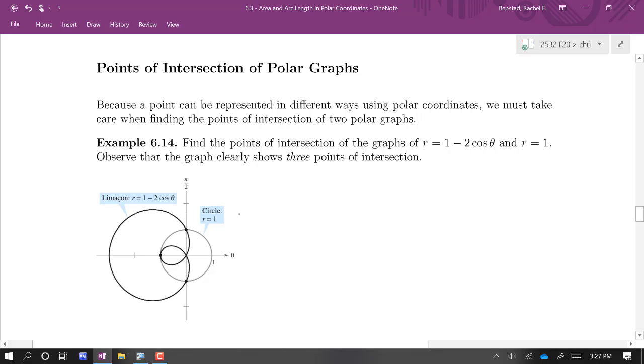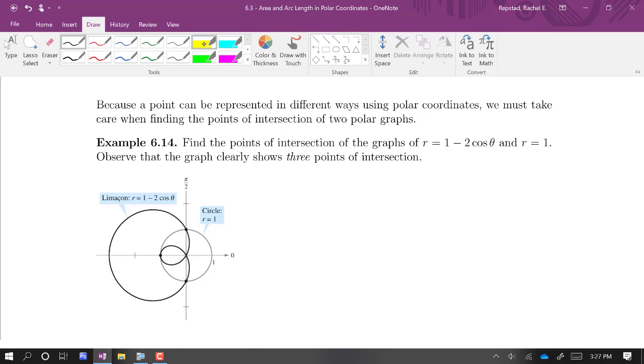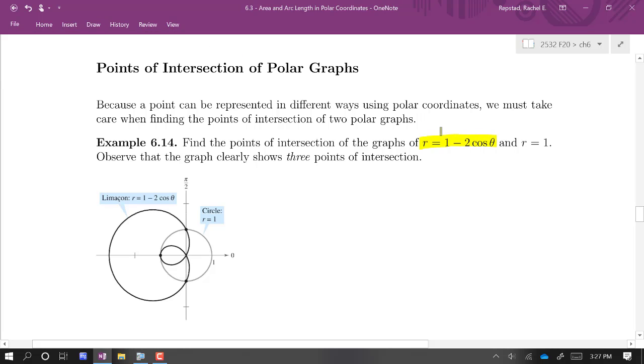So if we solve the system of equations, r is 1 minus 2 cosine theta, and r equals 1. We could solve it pretty simply just by using substitution.